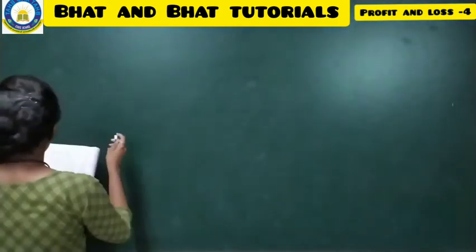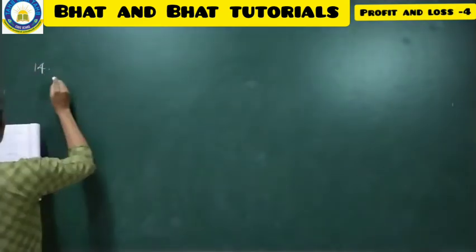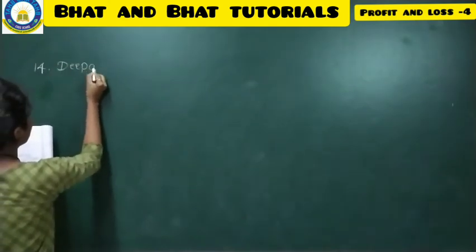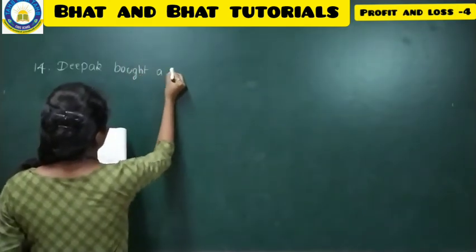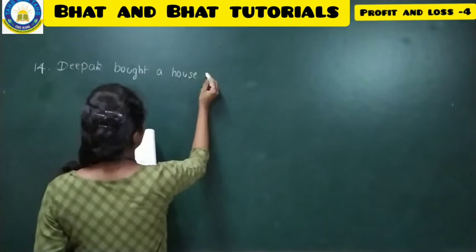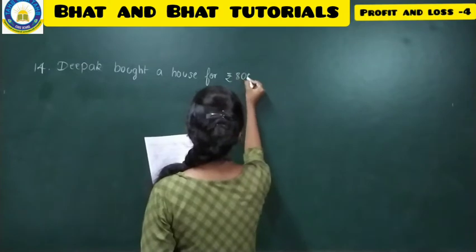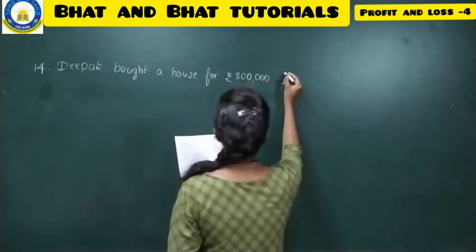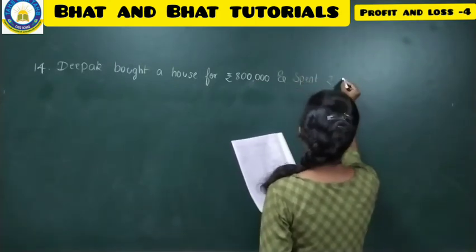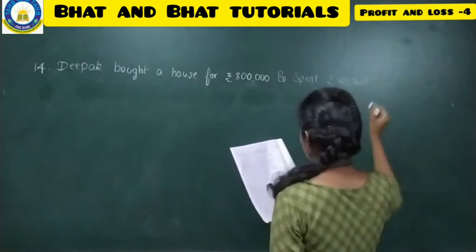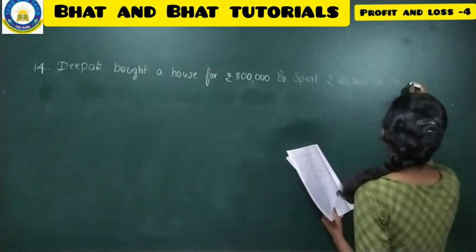We'll start with the 14th problem. You can make a note of this. Problem number 14. Deepak bought a house for rupees 8 lakh and spent rupees 20,000 on its repairs.